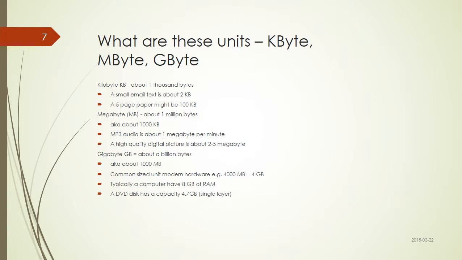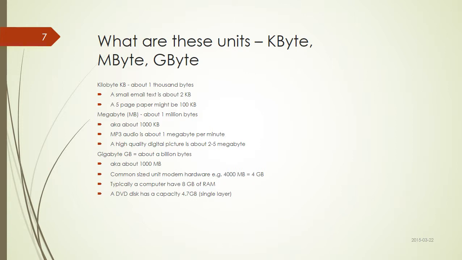Now let's take a look at the nomenclature as we talk about kilobytes, megabytes, and gigabytes. Kilobytes are 1,000 bytes. Typically, a small email is about 2 kilobytes, and a link in kilobits per second would be good enough for transferring small amounts of data or a few pages of text.